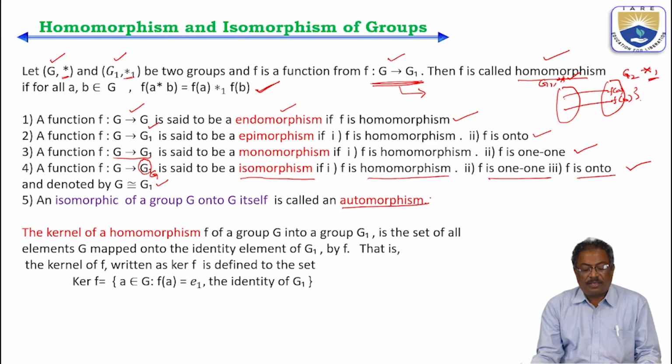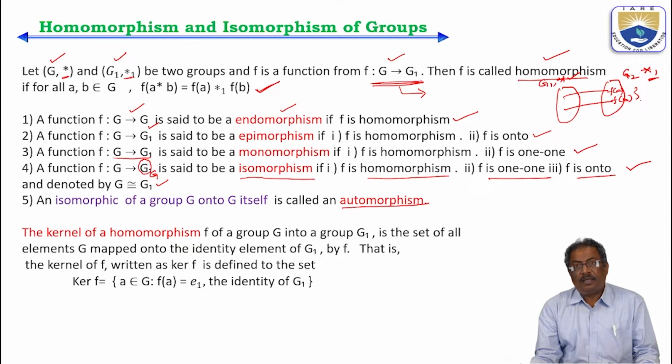So it is nothing but an isomorphism of a group G into itself is called an automorphism. So these are the different ways we are going to represent what is meant by a homomorphism, what is meant by endomorphism, what is epimorphism, what is monomorphism, what is isomorphism, and what is automorphism.